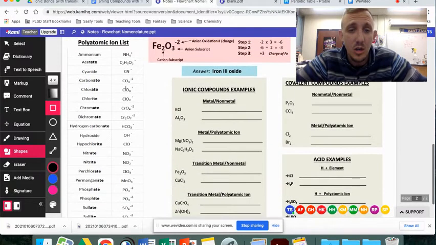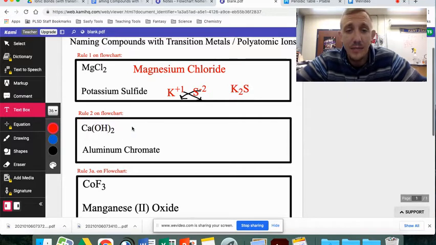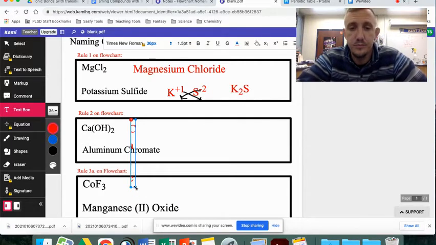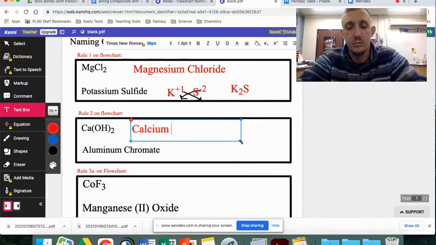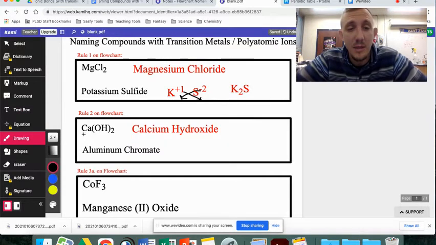So I'm going to look for OH. All right, so it's hydroxide. So it's going to be calcium hydroxide. All I did was name the metal, and then name the polyatomic ion.